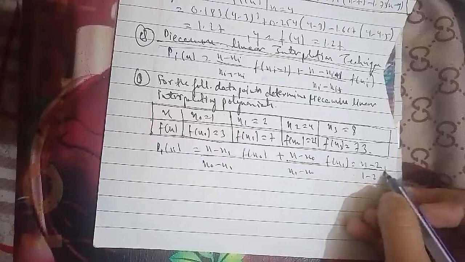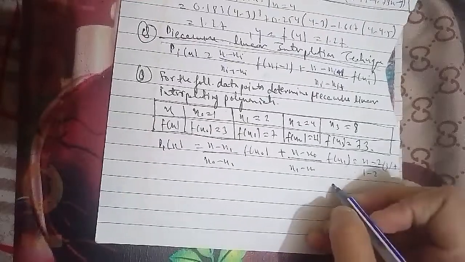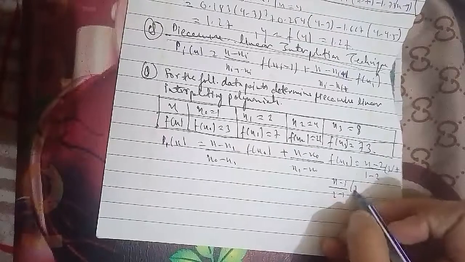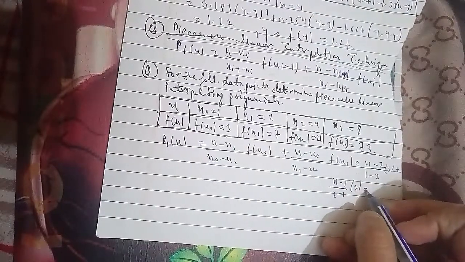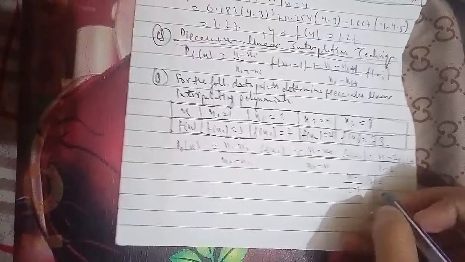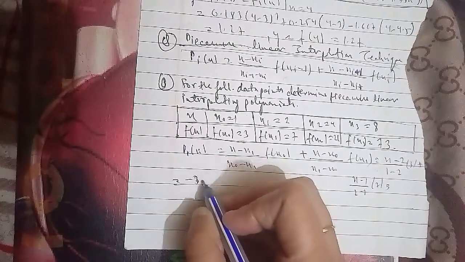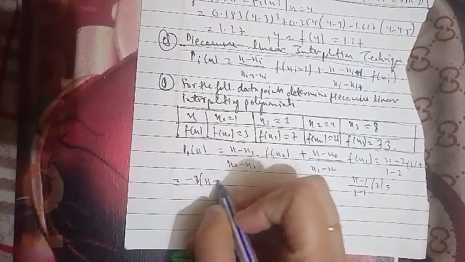So equals minus 3 (x minus 2) plus 7 (x minus 1), which equals 4x minus 1.